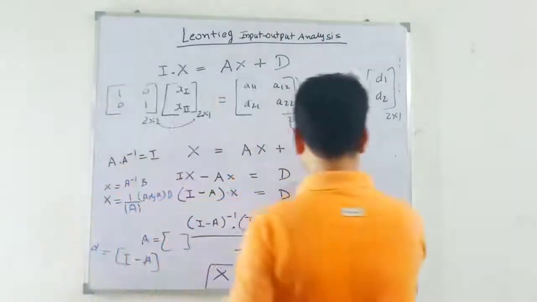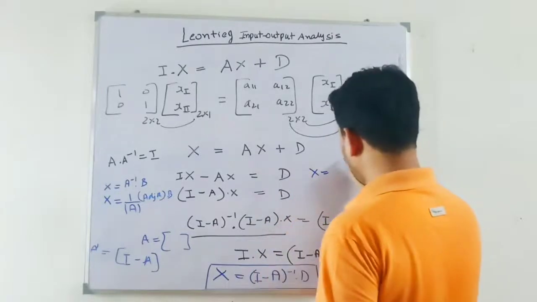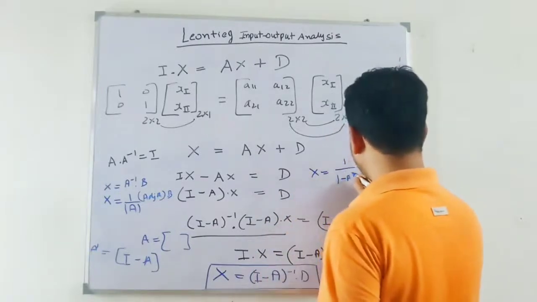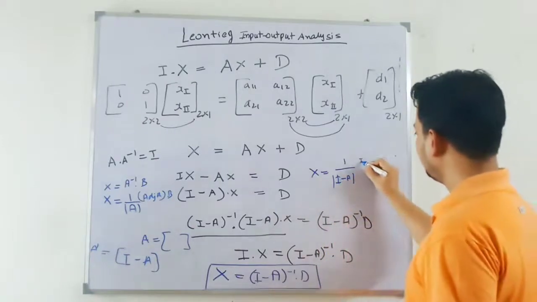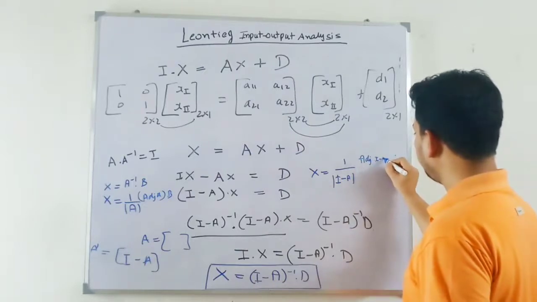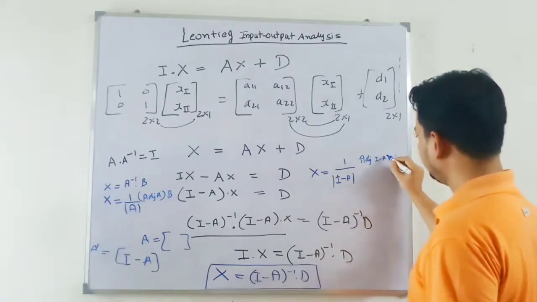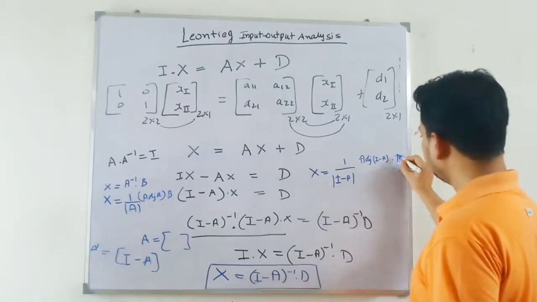So it will be X equal to this thing inverse: 1 over the determinant of (I minus A) into the adjoint of (I minus A), where I is the identity matrix. You have to take out the adjoint of this, into your final demand.